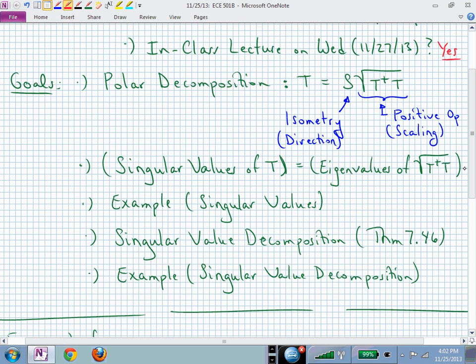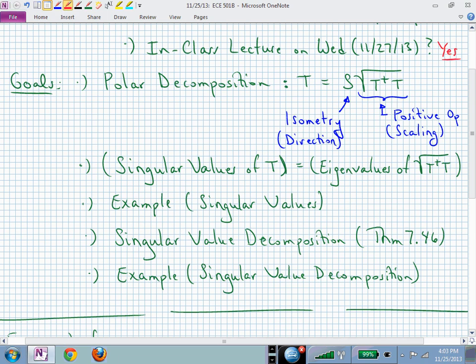Today what we want to do is get through most of Chapter 7, if not finish it up. The last theorem in Chapter 7 is Theorem 46, and that's on the singular value decomposition. Before we get there, we will remind ourselves of where we stopped last time, which was the idea that we can decompose any operator into two factors.